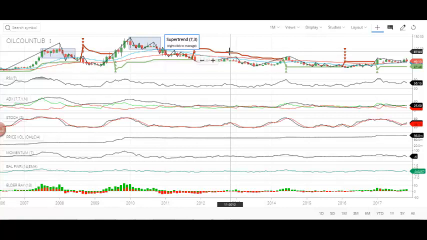If you look at the RSI, it is just playing around the midpoint, which is not strong. Direction strength has crashed, stochastics is down, and price volume is increasing, that we can clearly see, and momentum has already crashed and is playing in the negative zone. Balance of power is bearish, and LRA is showing a little bit of bullishness.